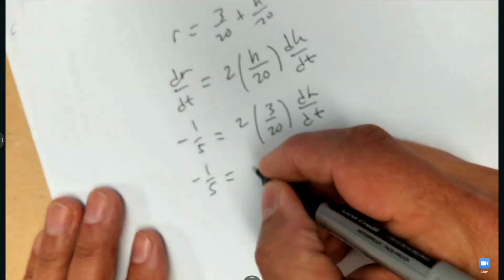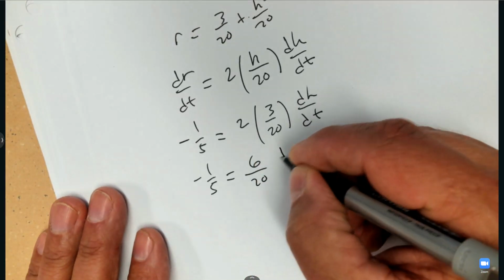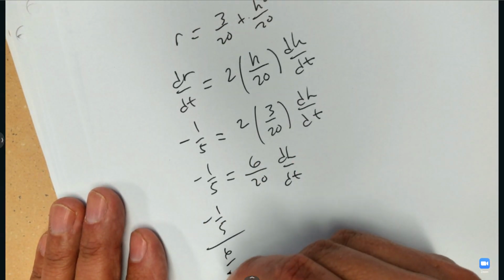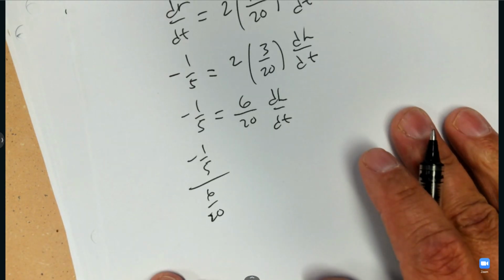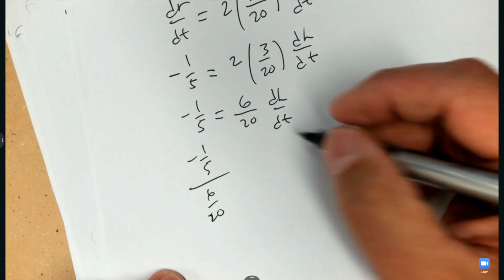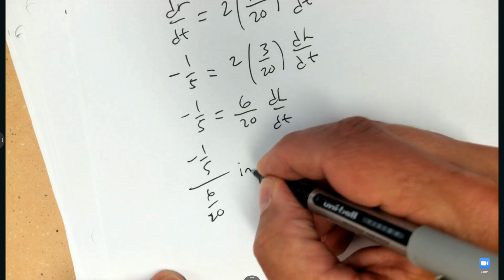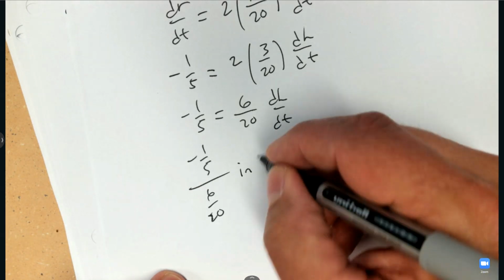Let me simplify this a little. I'm just going to divide. I know that the height in terms of a rate is in inches per second.